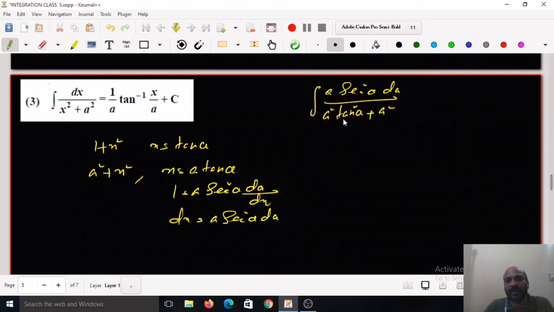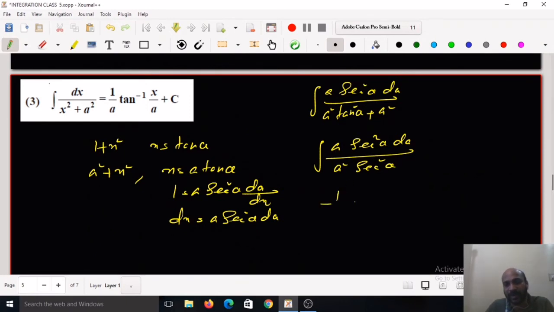From denominator we can take a square as common, so a into sec square theta d theta by a square into tan square plus 1, or 1 plus tan square. What is 1 plus tan square? That is sec square theta. So you can cancel sec square theta, and a also you can cancel. Remaining is 1 by a into integration of 1 d theta.